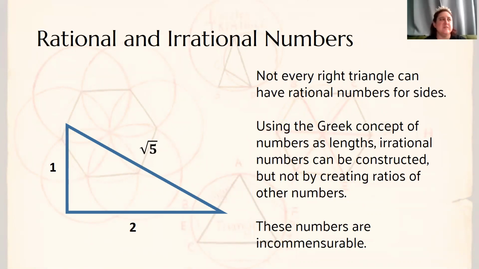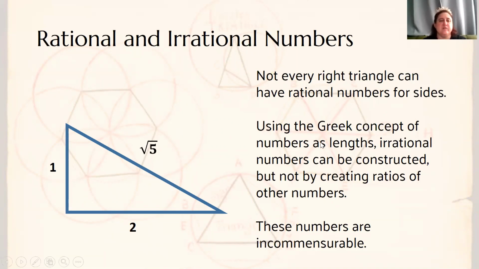Another thing that became an issue with this method of constructing math problems is that not every right triangle can have rational numbers for sides. The ancient Egyptians had that whole table of Pythagorean triples, but as we've seen before, you can't always get nice whole numbers that make Pythagorean triples.